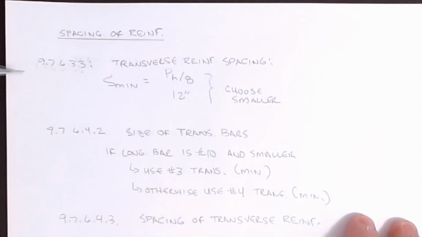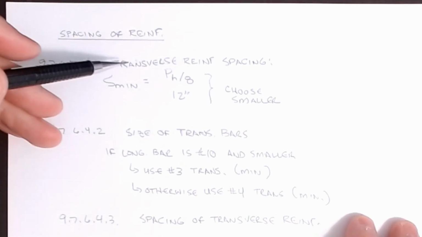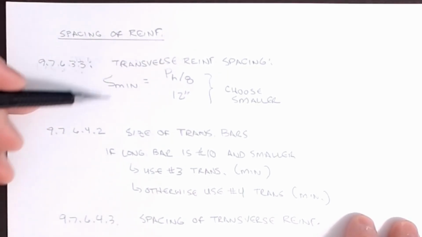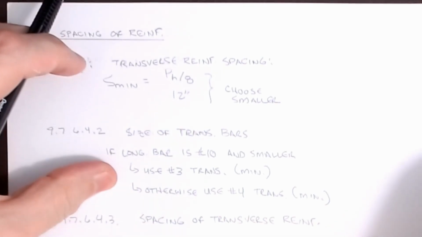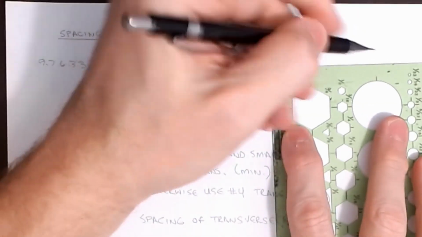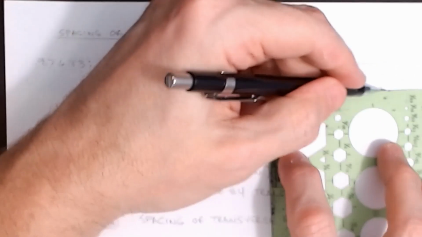We're now over in 9.7.6.3.3. How's that for a number? For torsion, the transverse reinforcement spacing says the minimum spacing between sections of stirrups that you're adding for torsion.